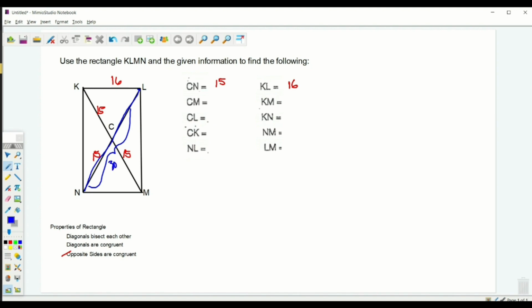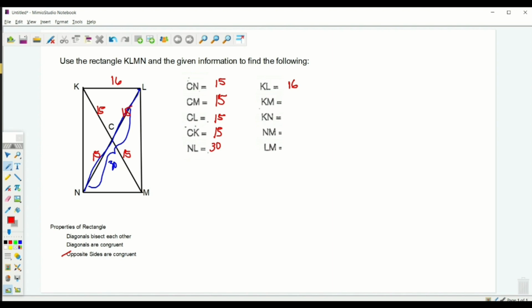Okay? So, we'll write it now. So, CM, 15. We have CK also 15, or CL is 15, and CK is 15. Okay, so this one is 15. So, NL, yung buo niya, 15 plus 15, that is 30.